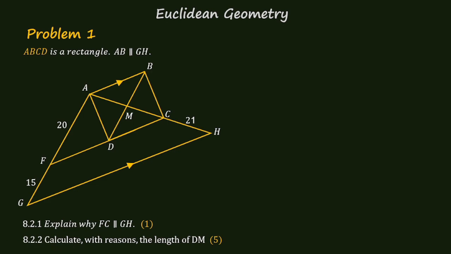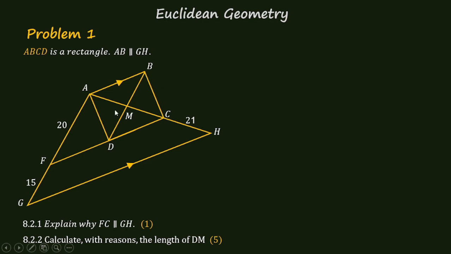You should be, by this time, familiar with the properties of a rectangle. But let's revisit those properties for the benefit of this problem. A rectangle is any four-sided figure whose opposite sides are equal and parallel to each other. So AB will be equal to DC and parallel to it.